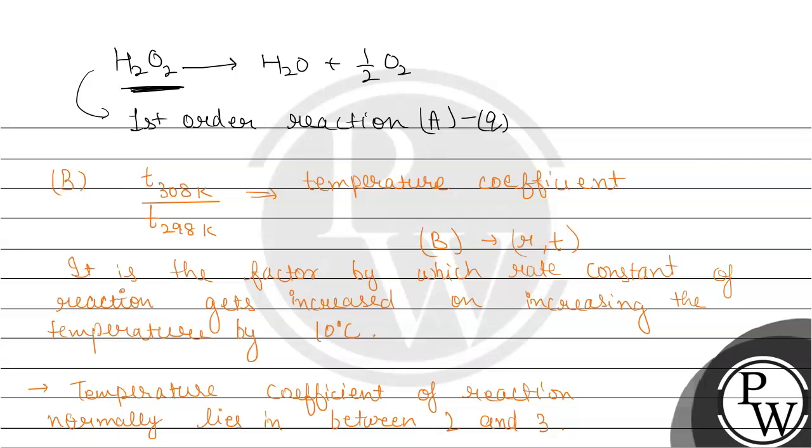So let us move to the C part of the column first, which is Arrhenius equation.